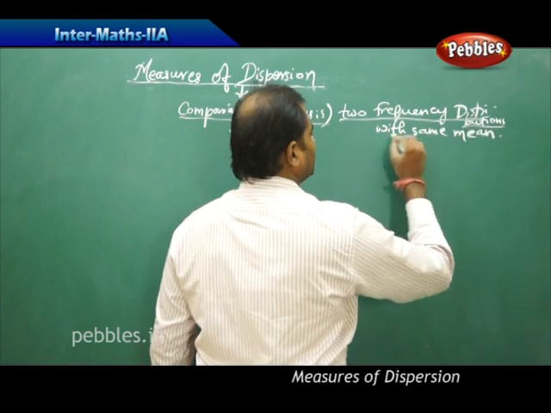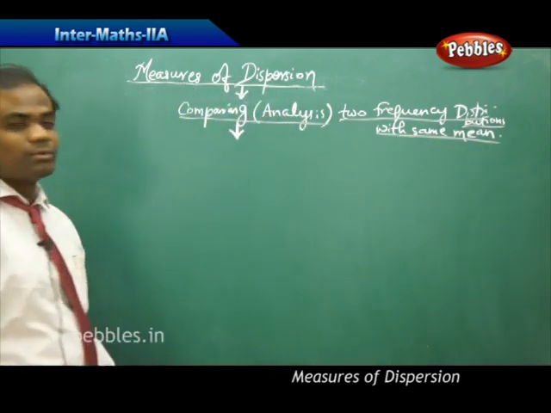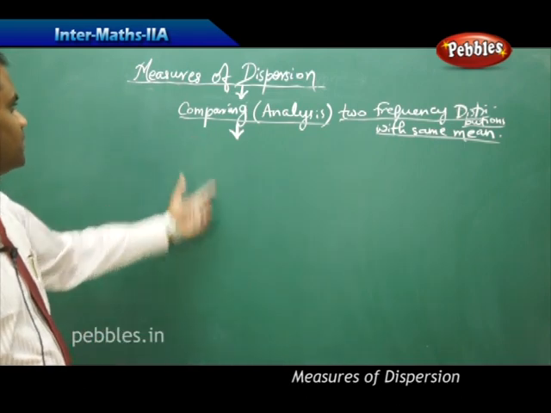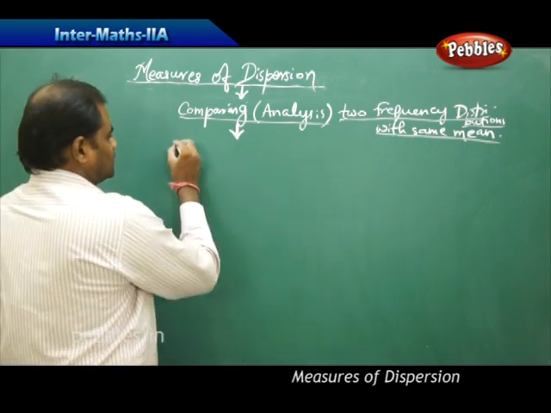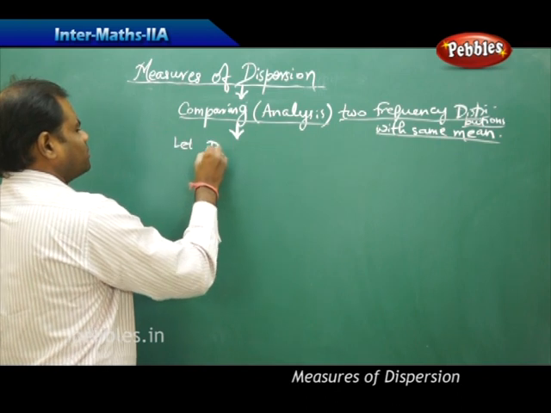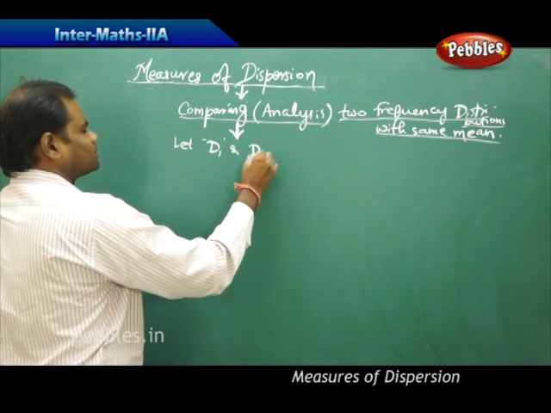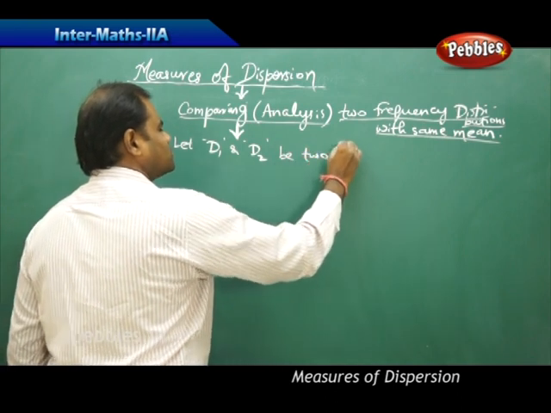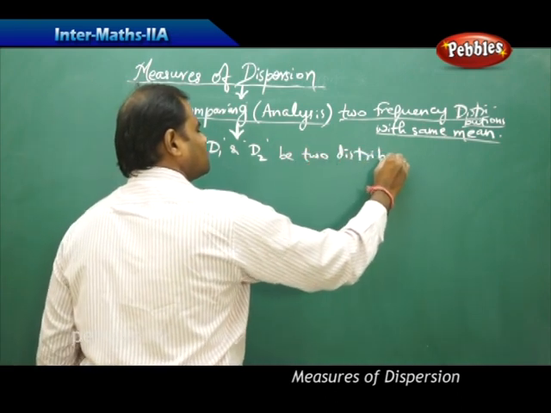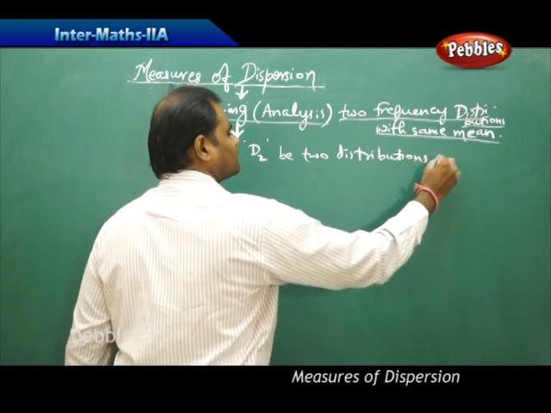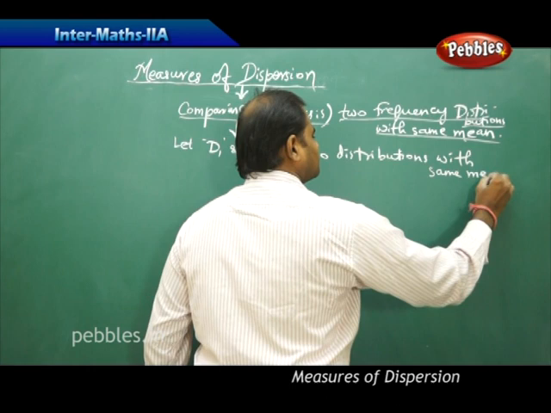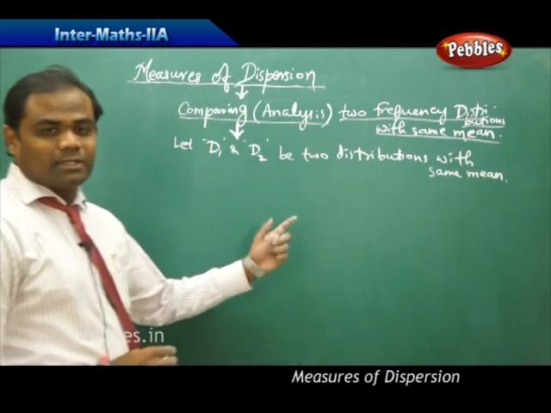If I have two distributions, let D1 and D2 be two distributions with the same mean, that is, their mean value is the same.